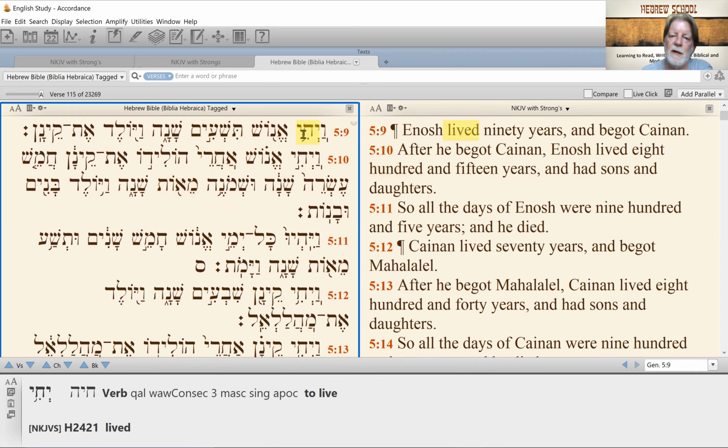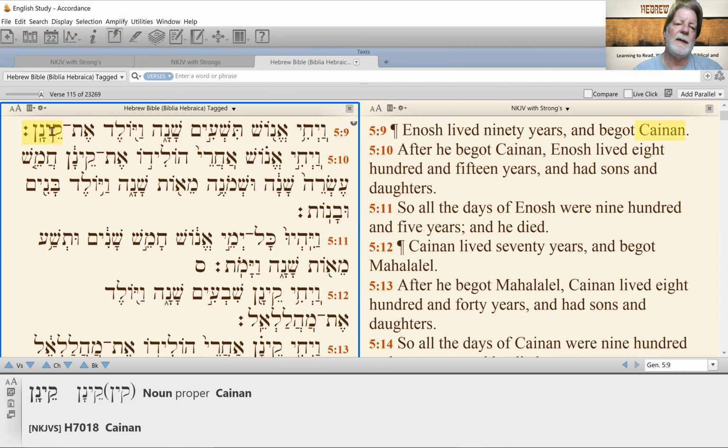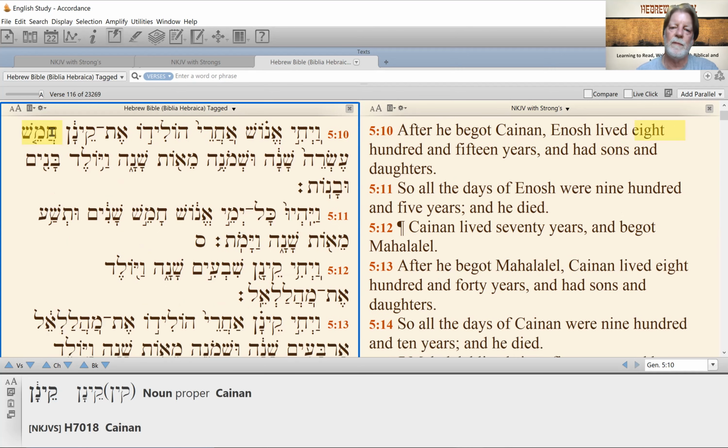Verse 9, Vayachi, and he lived, Enosh, Seth's son, he lived, Teshaim, Tesha is 9, Teshaim is 90, Shana, he lived 90 years, Yoled, he caused to be born, direct object indicator, Canaan. Canaan was his son's name.